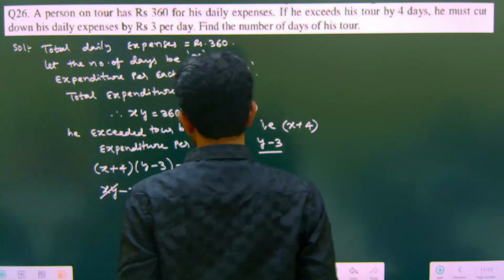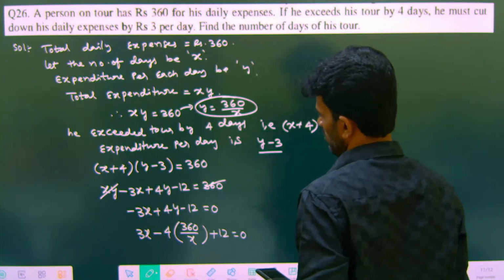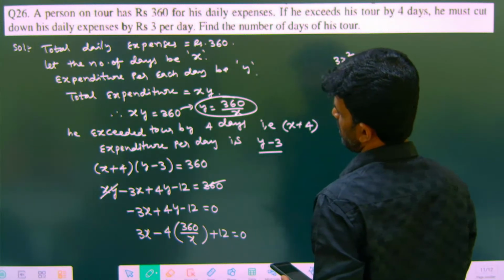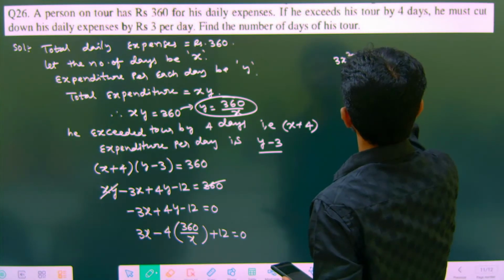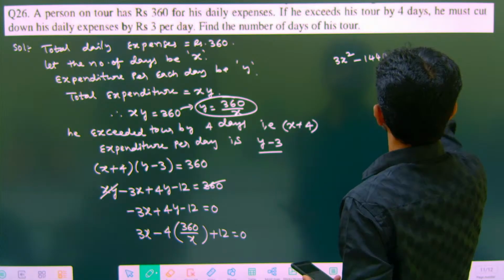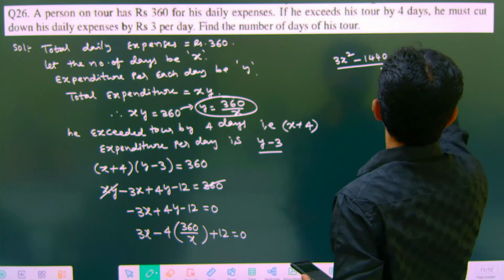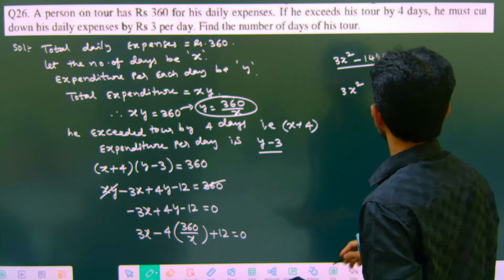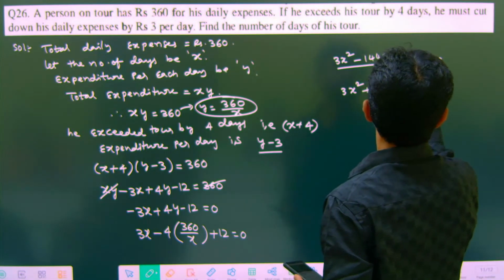Now we will take the LCM. It becomes 3x squared minus 1440 plus 12x, whole divided by x, is equal to 0. Now our equation is 3x squared plus 12x minus 1440 is equal to 0.